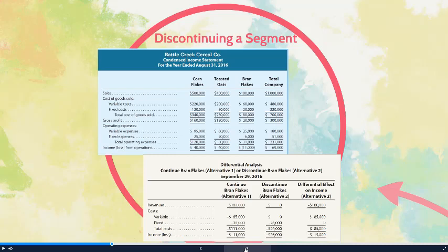Therefore, we're losing $26,000. And we should probably continue with this segment even though it's losing money. We can then show our differential effect based on choosing alternative 2 by subtracting alternative 1 from alternative 2 to see what impact this would have on our income.